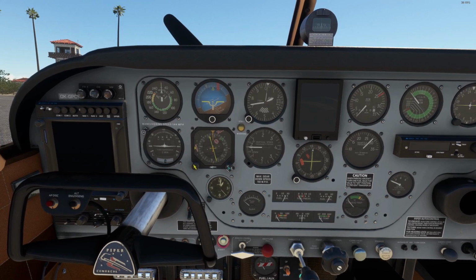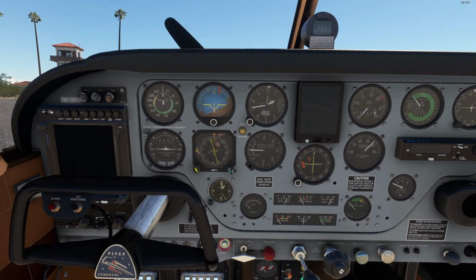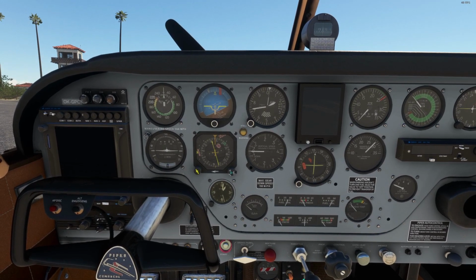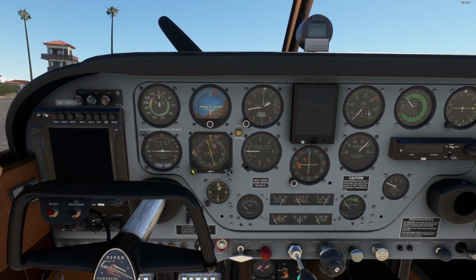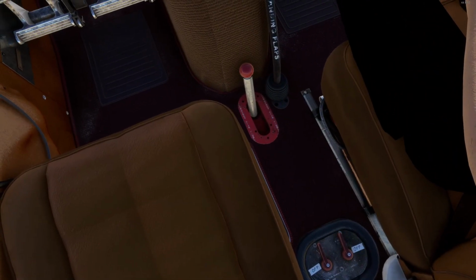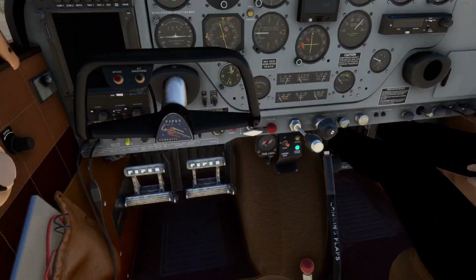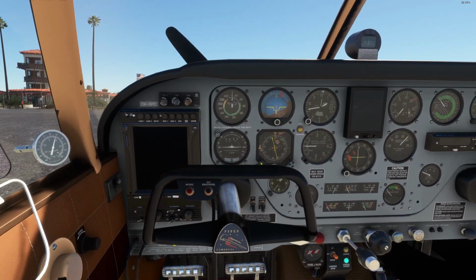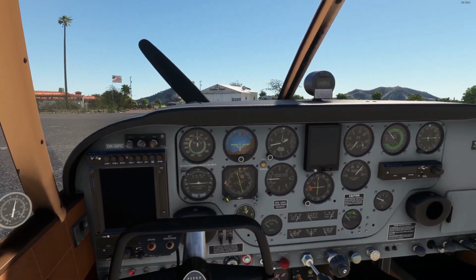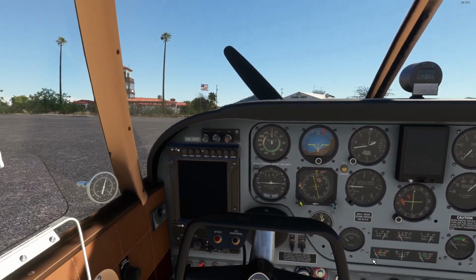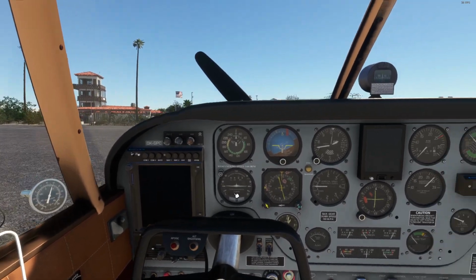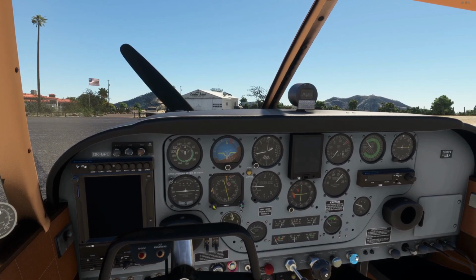Let me just start it. We have a little bit more fuel in the right tank, so we'll switch to the right tank. Yes, like so. Temperature is just 18. Nice.